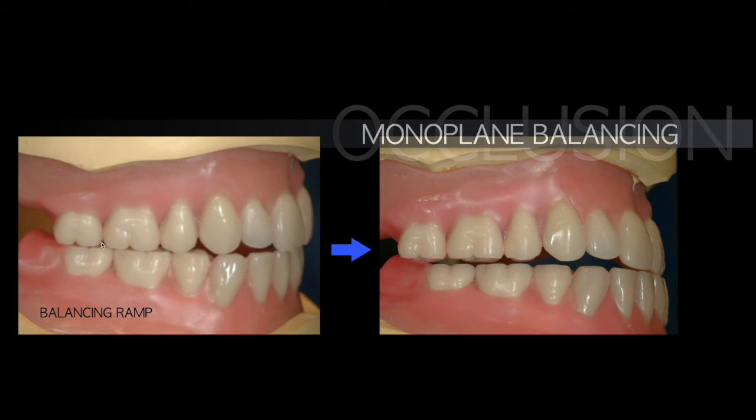So this is regular closing, and this is when the mandible protrudes, and as you see, the second molar of the maxillary teeth is in contact with this wax bump. It's called the balancing ramp. This is how we provide bilateral balancing in monoplane teeth.